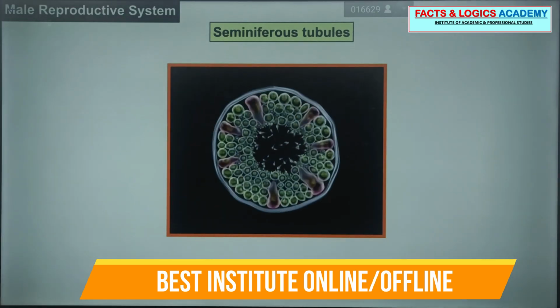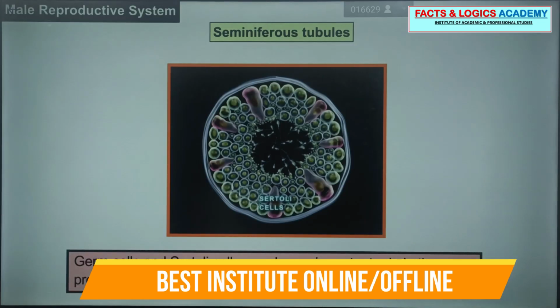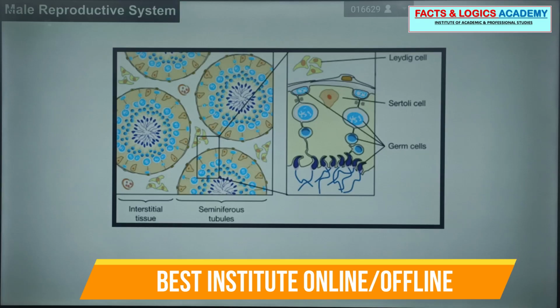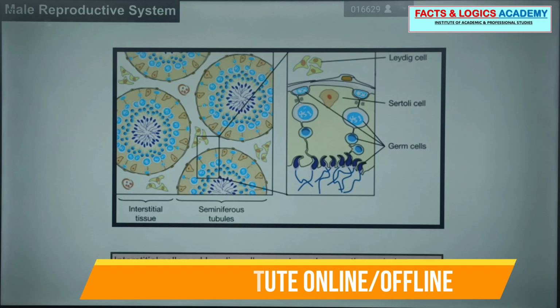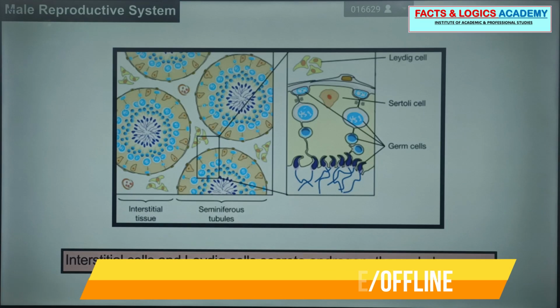Seminiferous tubules are lined by germ cells and Sertoli cells towards the inside, and these two cells play an important role in the production of healthy sperms in males. So, we infer that the process of gametogenesis in males takes place in the testes. Do you know that the space outside the tubules also has some vital functions, that is, interstitial space consisting of interstitial cells and Leydig cells which secrete the androgen, that is, the male hormone.